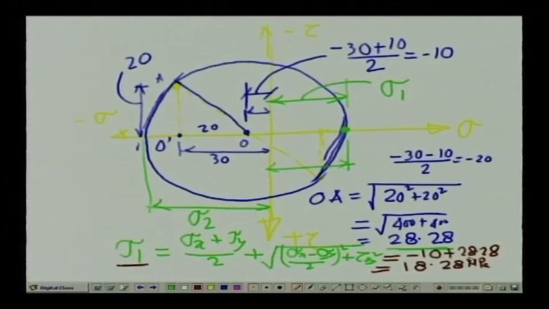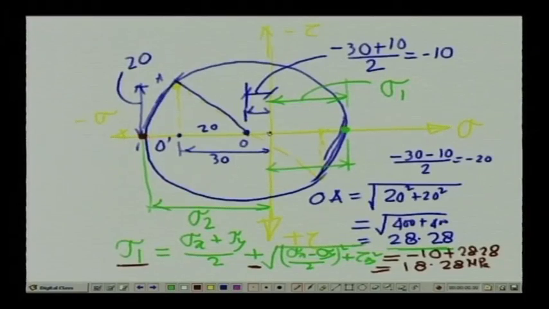And what will be the minimum principal stress? The minimum principal stress will act on this particular plane, which is sigma 2, which is (sigma x plus sigma y) by 2 minus the root of ((sigma x minus sigma y) by 2) squared plus tau xy squared. In terms of the Mohr circle, the distance is this radius plus this distance, and this radius we have got as 28.28 plus we have 10.